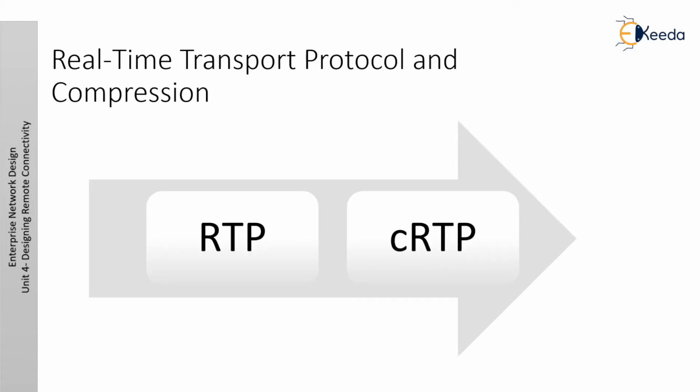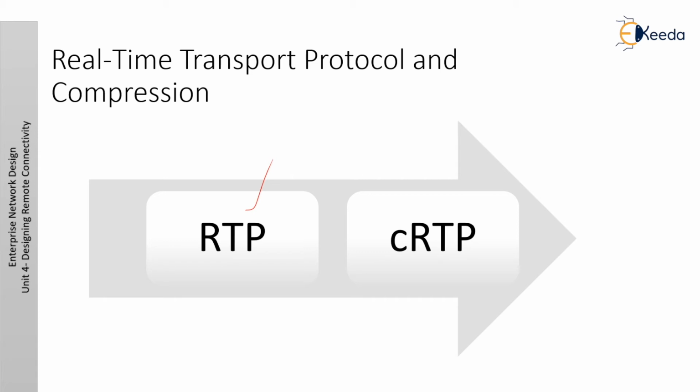Real-time transport protocol and compression, RTP and CRTP. Real-time protocol, that is RTP, is used for carrying packetized audio and video traffic over an IP network. RTP is not intended for data traffic, which uses TCP or user datagram protocol.